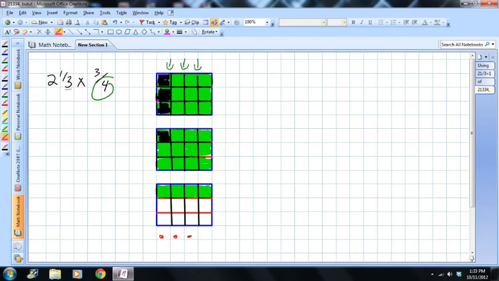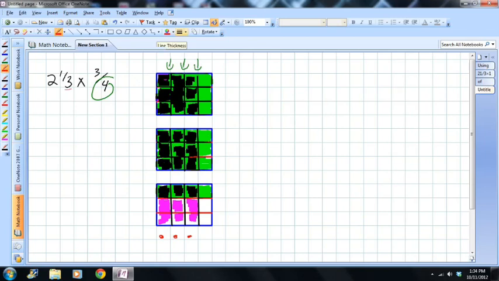That's 1, 2, 3 of my 4 columns from top to bottom. Now let's go back and count the number of sections where the colors overlap each other.